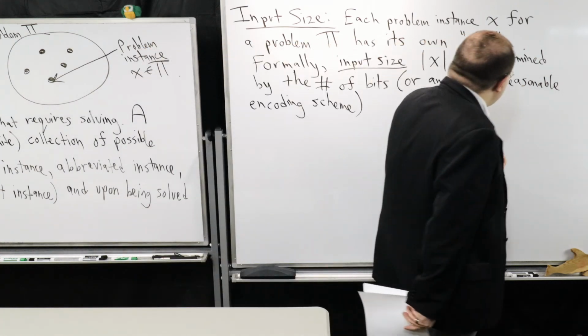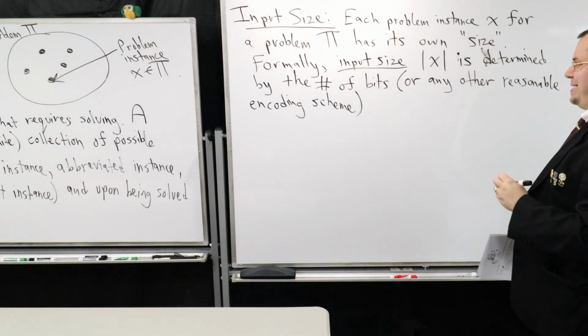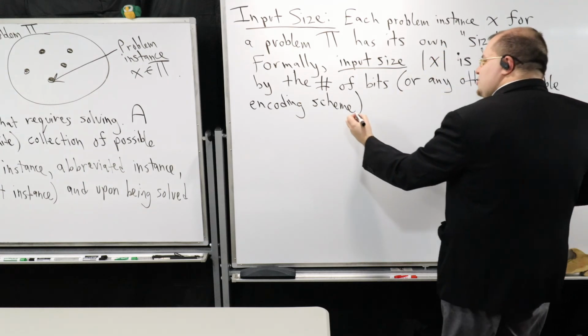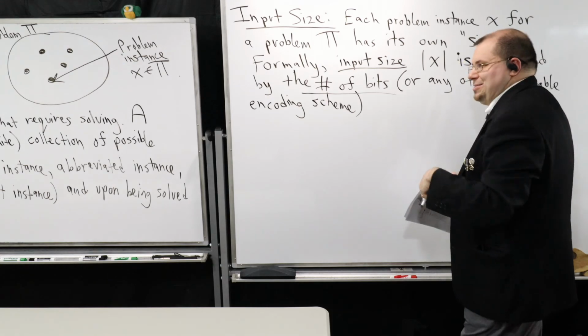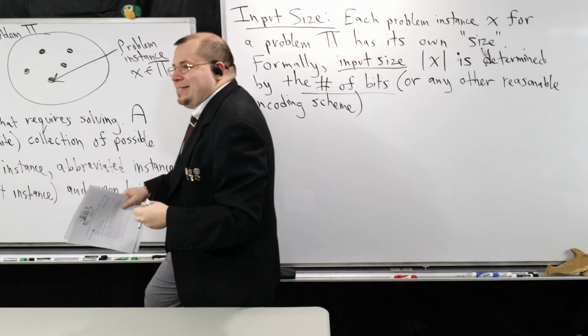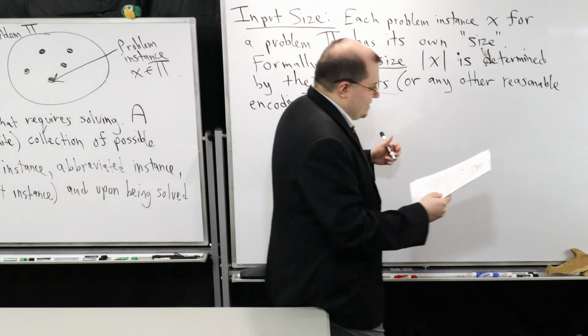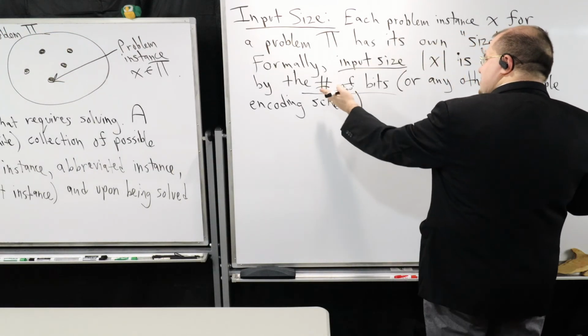If you have any questions about that, don't hesitate to stop me. But we will not really go into much detail about that. We'll just assume that it's encoded with bits. Why? Because that's the one most people have encountered. This is the usual definition.